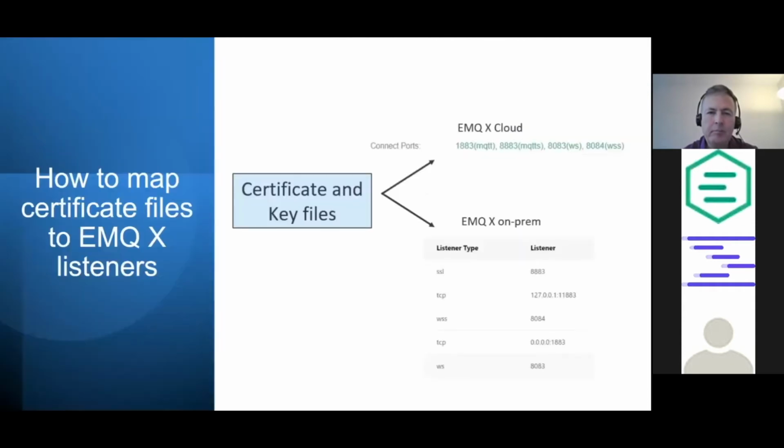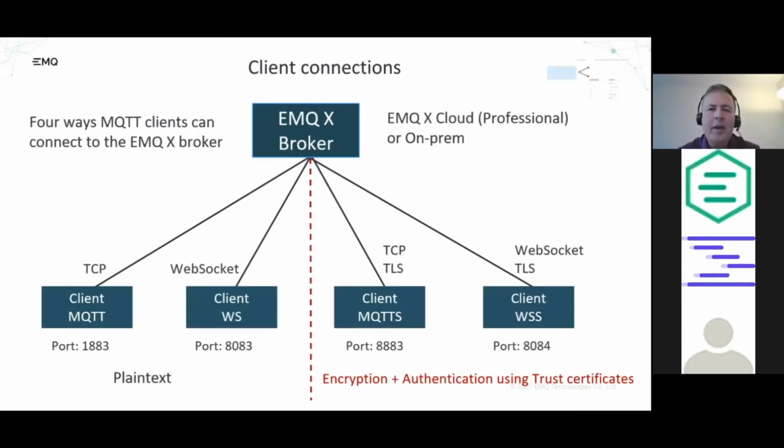Now that you've used OpenSSL to look at the files and understand what the files contain, the next step is to actually map them to EMQX. There are 4 ways that clients can connect to the broker. One is through normal MQTT on port 1883. Another is over WebSockets on port 8083.